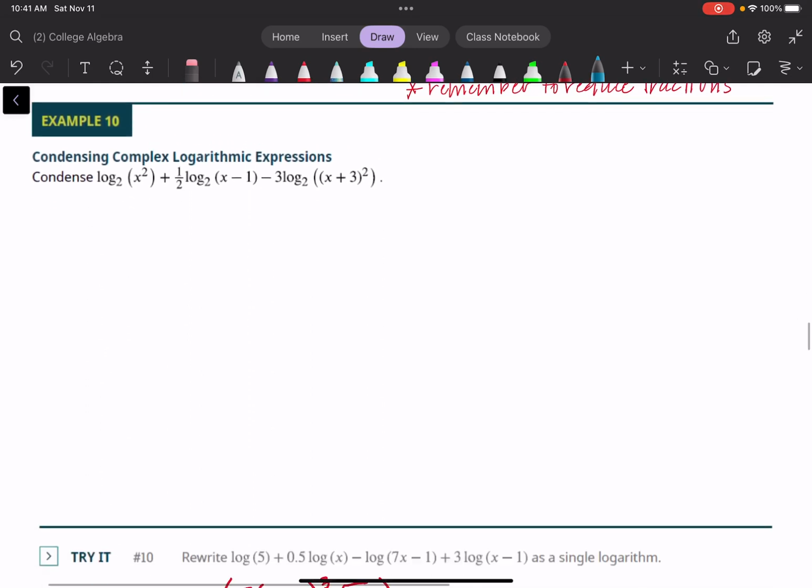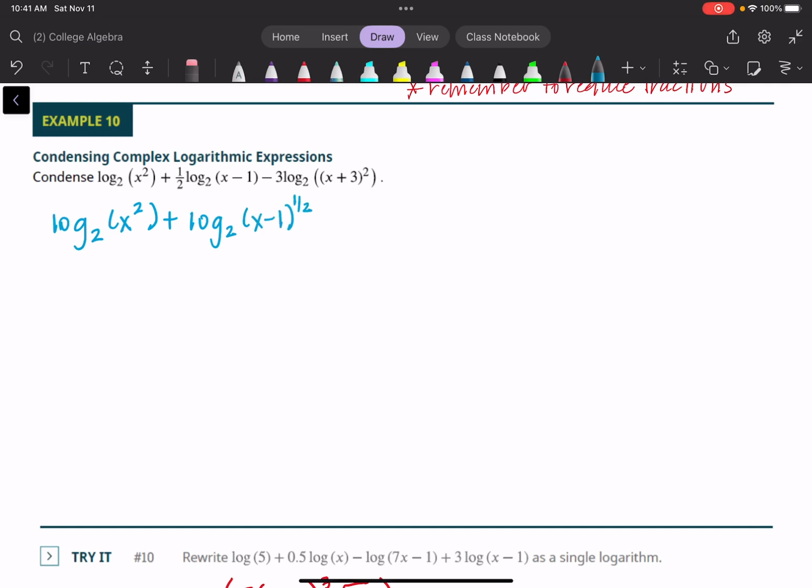And moving on to example 10, this one is just getting a little more complicated. So we'll go ahead and apply that power rule first. And this would be log base 2 of x minus 1 to the 1/2 minus the log base 2 of x plus 3 squared, all to the 3rd power.